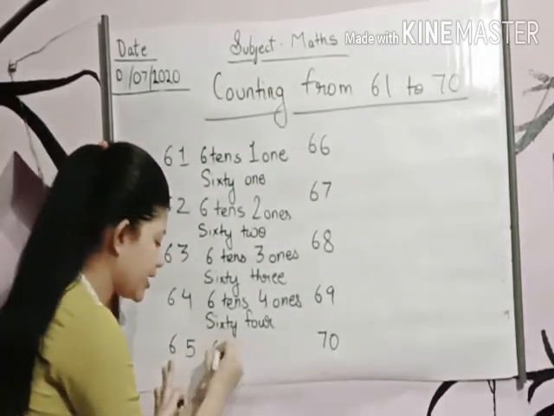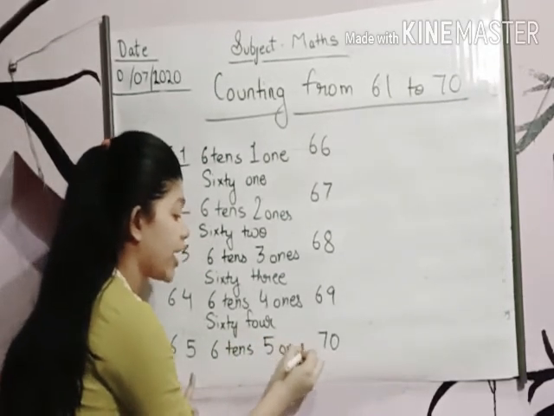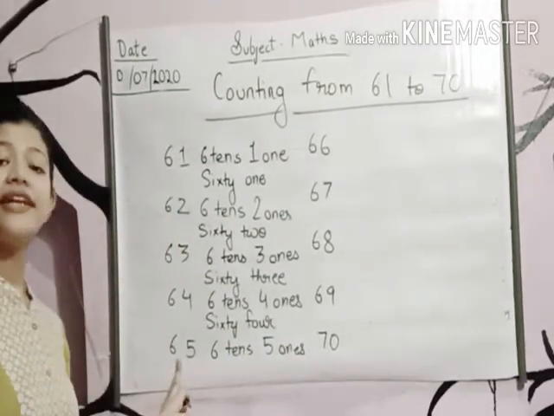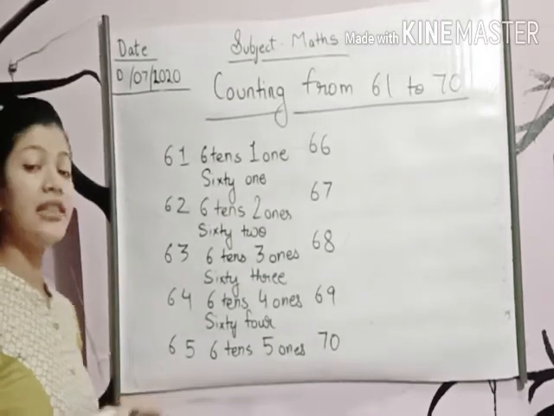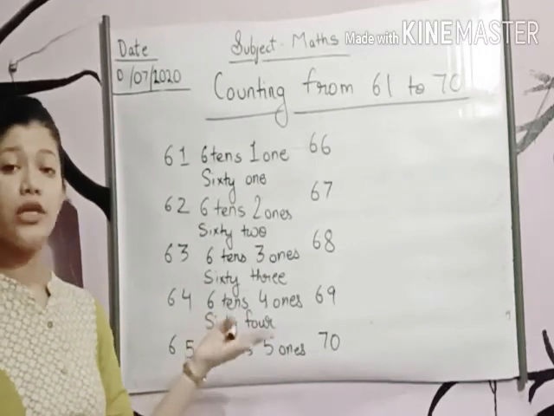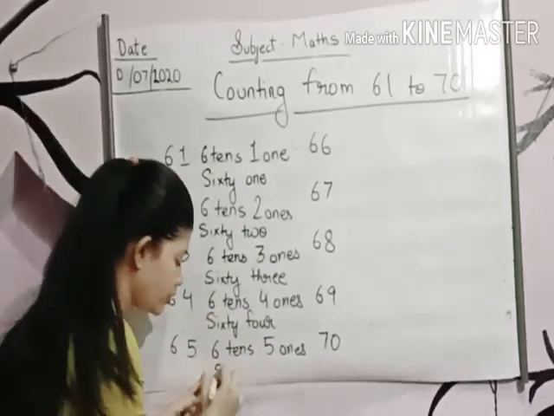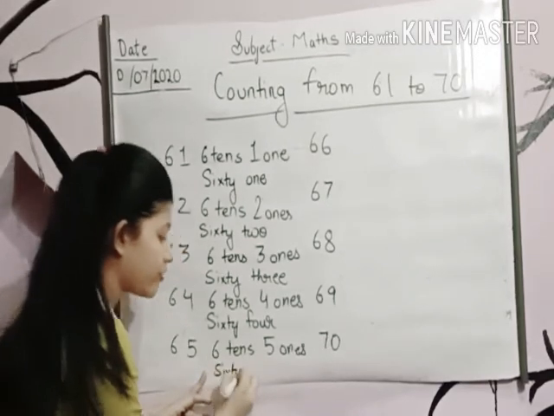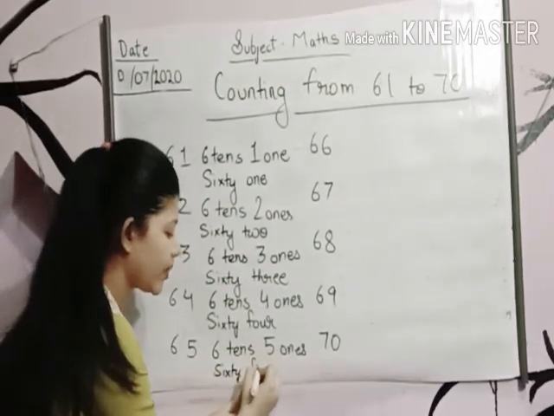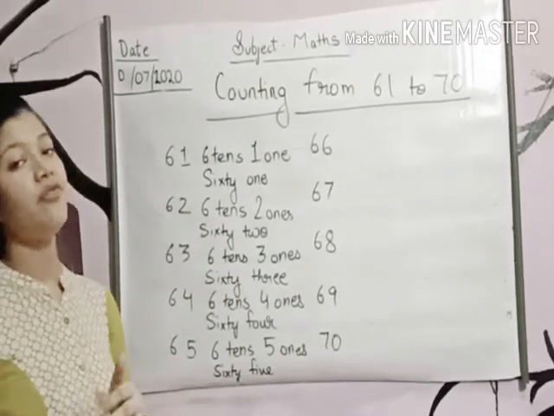Again we will write 6 tens and 5 ones. Why? Because 6 is at the tens place and 5 is at the ones place. So 6 tens is equal to 60 and 5 ones is equal to 5, which can be called 65.